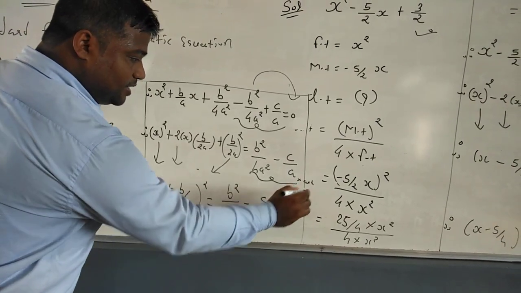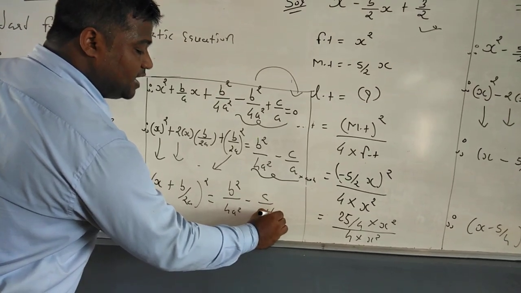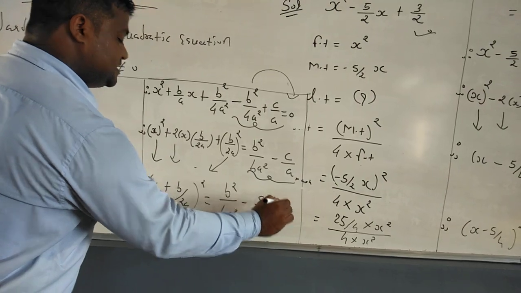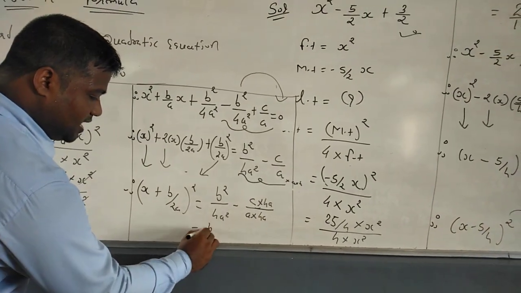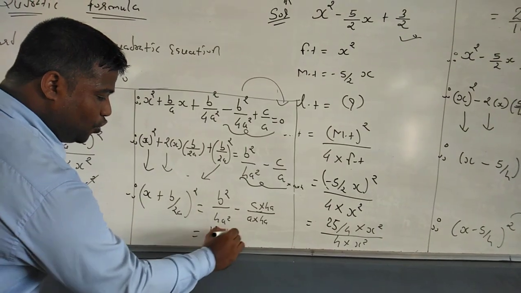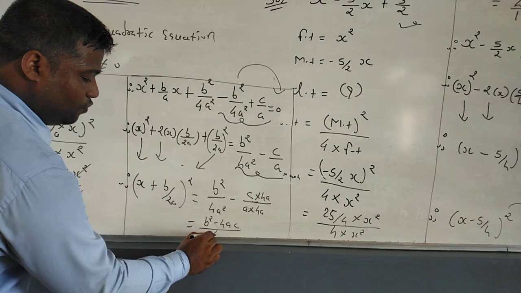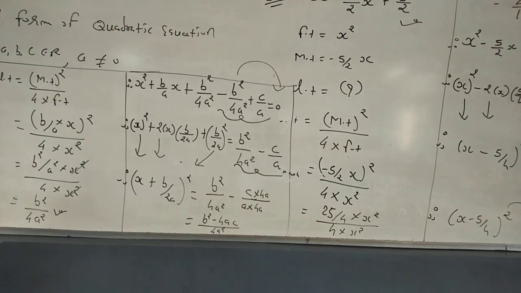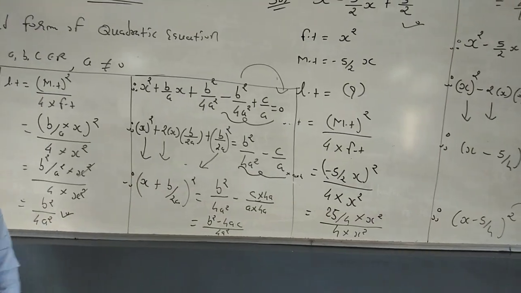What do you multiply in the denominator? Already a is there, so you multiply with the 4a. Whatever you multiply in the denominator, exactly that you multiply in the numerator. So b square minus 4ac by, in the denominator, what do you get? 4a square. Understood? 4a square.